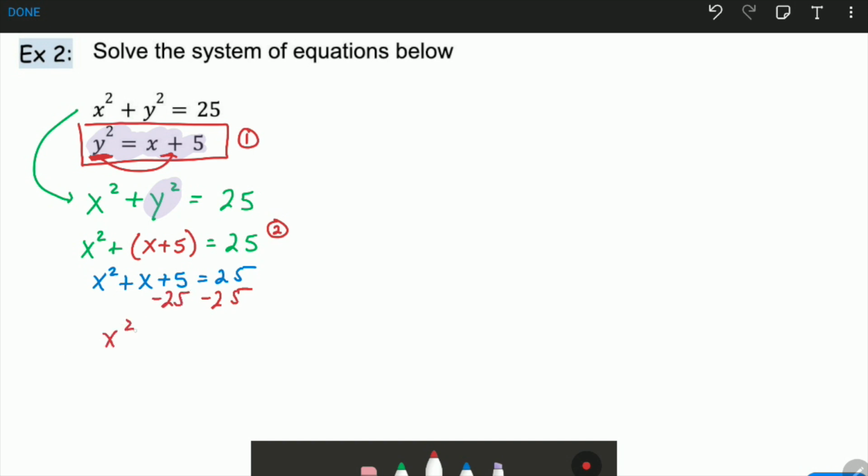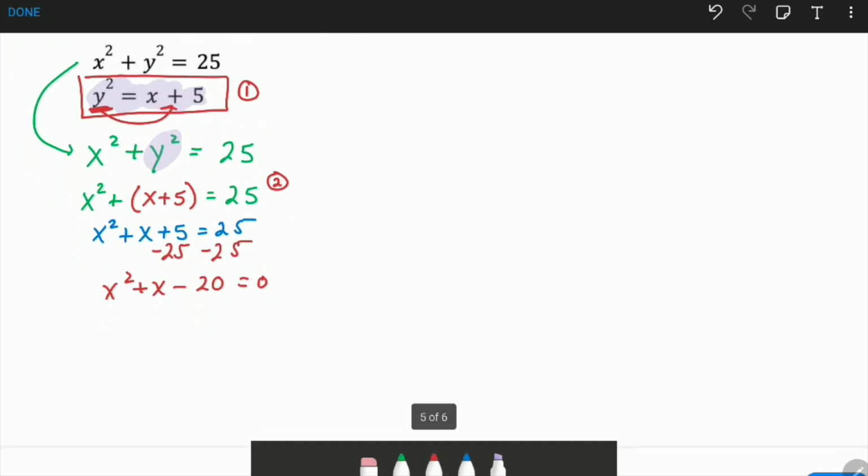Give me x squared plus x minus 20 equals 0. So since I did the first example with quadratic formula, I'm going to do this example by factoring here. So I'm going to multiply first and last, giving me negative 20 x squared.